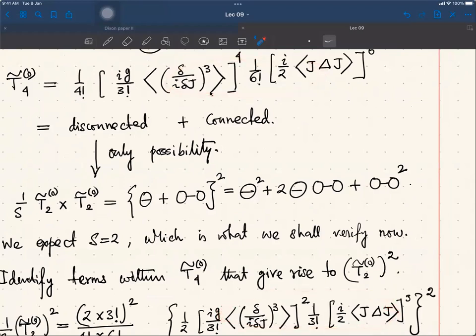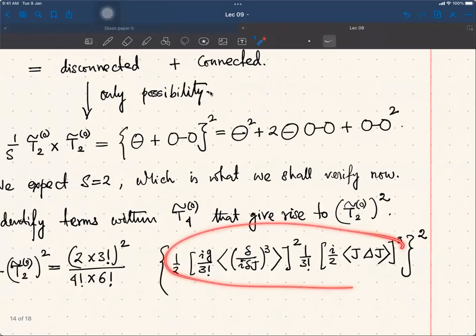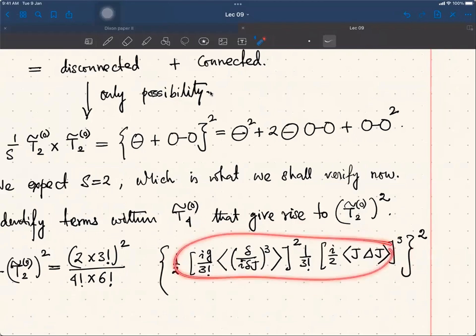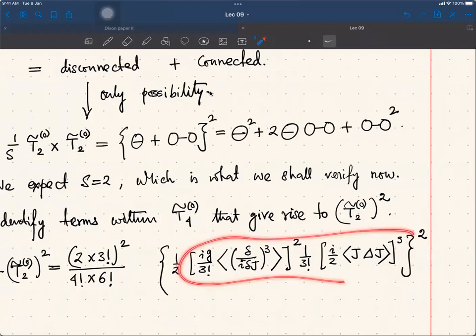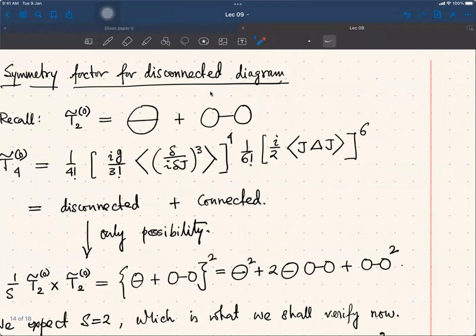There are many possibilities of applying these operators on these j's, and some of the possibilities will produce this type of configuration. The question is what is the number of repetitions, how many times will this configuration arise in this?